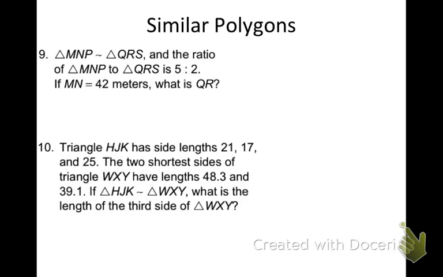Number 9, triangle MNP is similar to triangle QRS. It gives you the similarity ratio. Try numbers 9 and 10. So let's look at number 9 here. Jersey, which proportion would you set up? How would you set up the proportion?